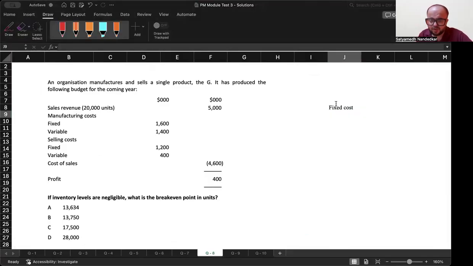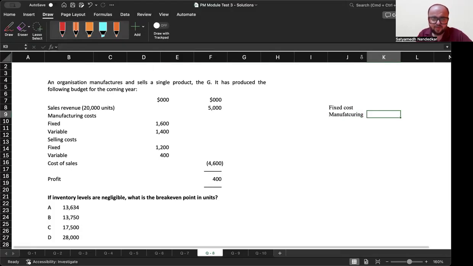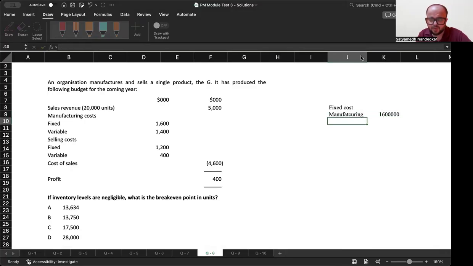Which all fixed costs should you consider? Think about it for a moment. Should you consider the manufacturing and the selling cost, or what all costs should be considered? You should consider all the fixed cost. Okay. So there are manufacturing fixed costs worth how much? Manufacturing fixed costs of 1,600 plus three zeros.